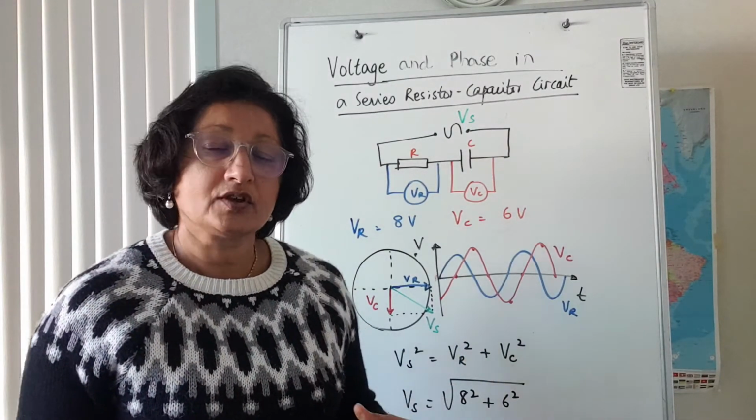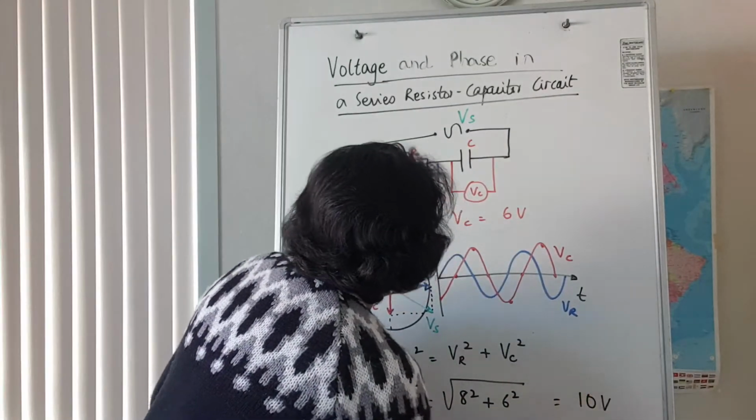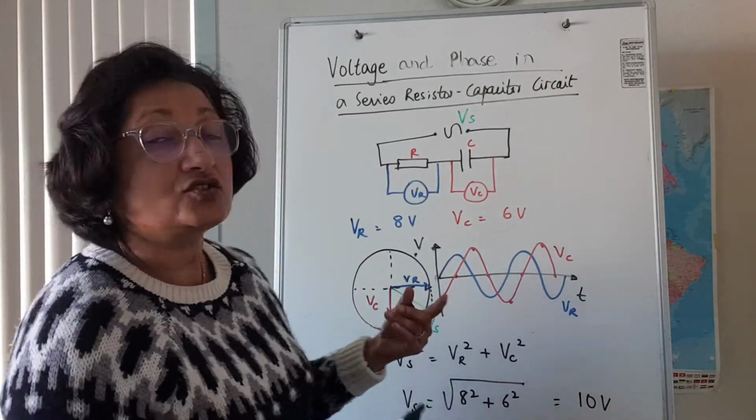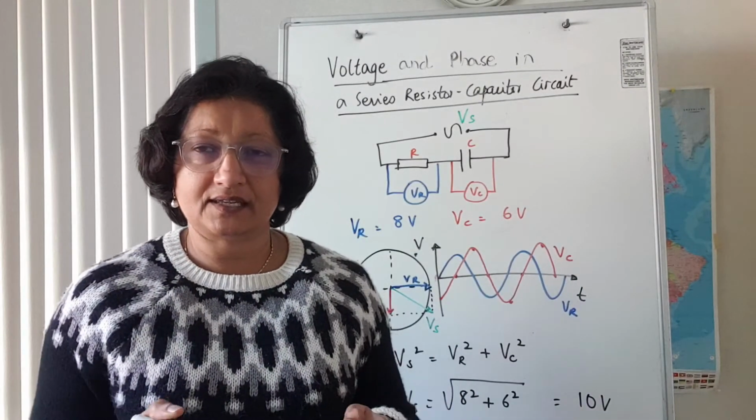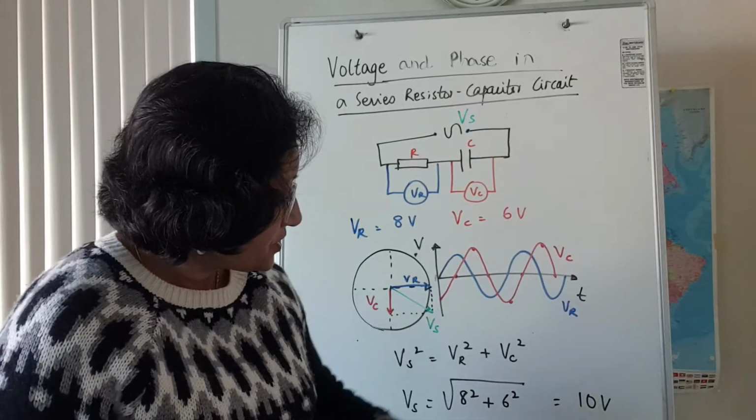Adding them, you get 100, and the square root of 100 is 10 volts. So yes, you do add them, but you have to take directions into account, so you add them vectorially.